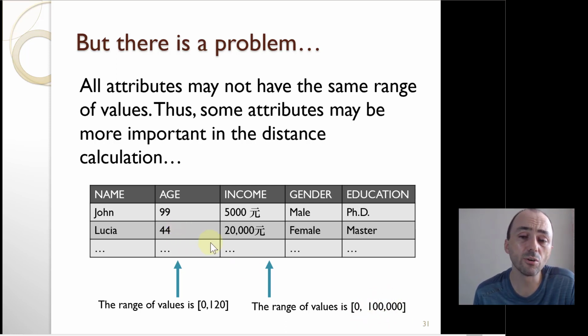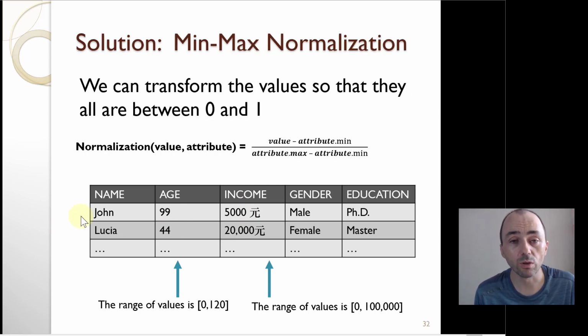So if we calculate the distance with these two attributes, it will not be fair, because the income will be more important than the age in the calculation. Okay, because the values for income are much bigger than the age in general. So how to solve this problem? One way to do is to do the normalization.